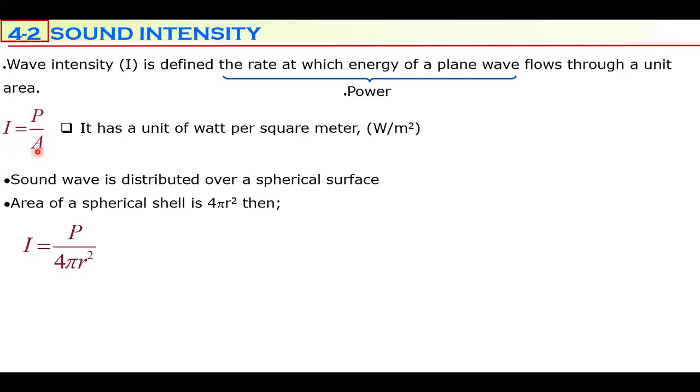Inserting the area of a sphere, we get the equation for calculating the sound intensity at a specific distance from the source: I equals power divided by 4 pi r squared, at a distance of r from the source.